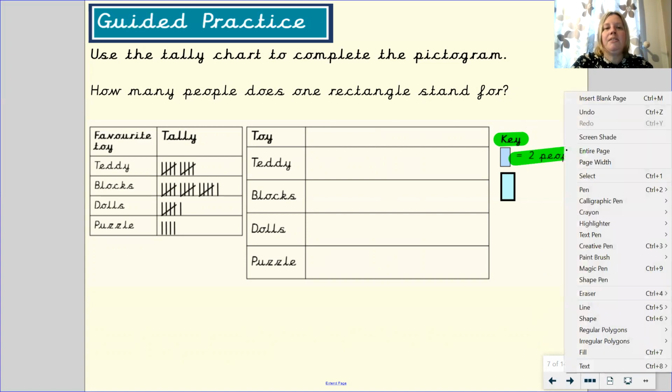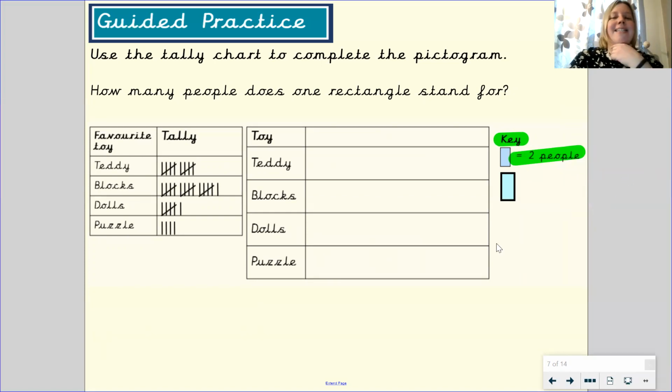Now I need to count how many people on my tally chart, and this will help me to find the total amount that I can then represent on my pictogram.